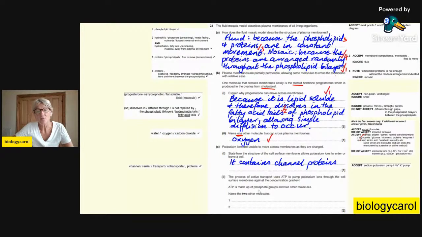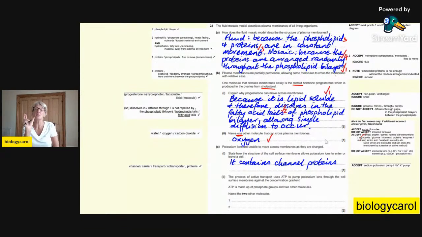Part 2, the process of active transport uses ATP to pump potassium ions through the cell surface membrane against its concentration gradient. ATP is made up of phosphate groups and 2 other molecules. What are they? So we should know. So ATP stands for adenosine triphosphate. We talked about the phosphate already.